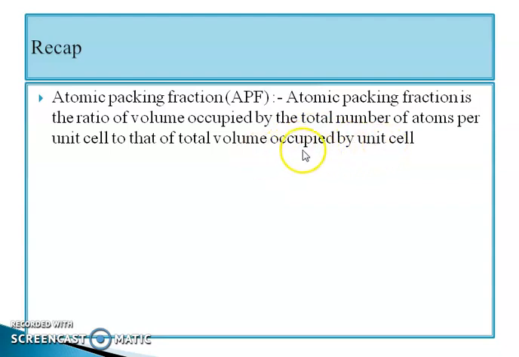Though the unit cell is a cube, its volume varies along with the atomic radius, and the total number of atoms per unit cell also varies for different cubic crystals, and therefore the atomic packing fraction varies from structure to structure.